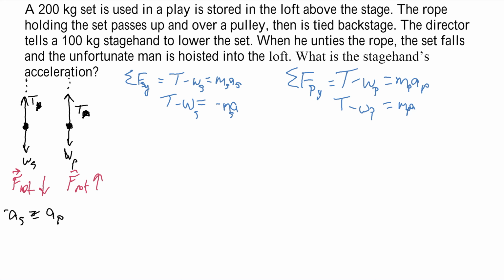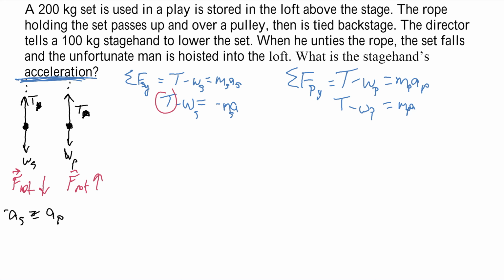What are we looking for? We're looking for acceleration. So we would want to solve for the other thing that we don't know, because when we substitute it into the other equation, we're going to be left with the thing that we do want to find. So I want to solve for tension, so that when I substitute it into the equation, tension is gone and I'm left with acceleration.